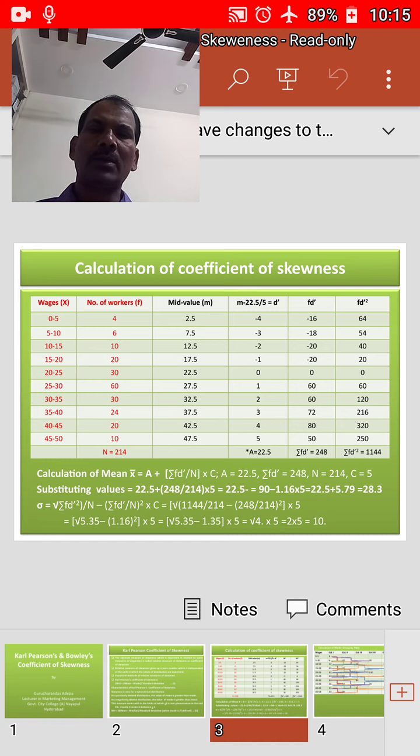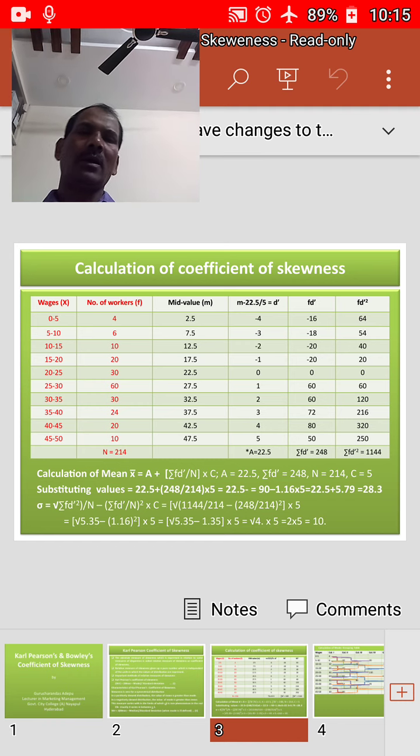Third class, 25 by 2, 12.5. Fourth, 35 by 2, 17.5. 45 by 2, 22.5. 55 by 2, 27.5. 65 by 2, 32.5. 75 by 2, 37.5, 85 by 2, 42.5, 95 by 2, and that is 47.5. These are the mid values we will get.